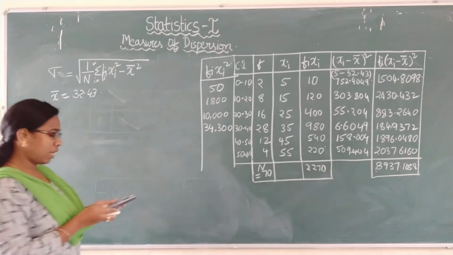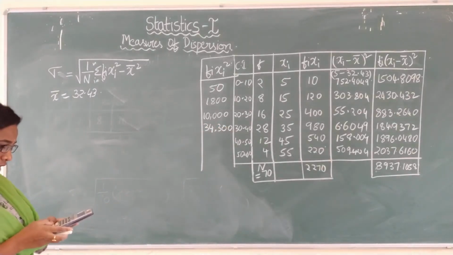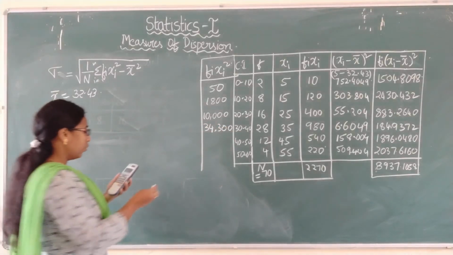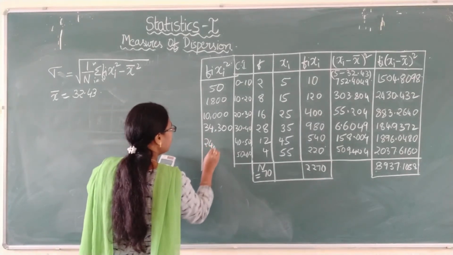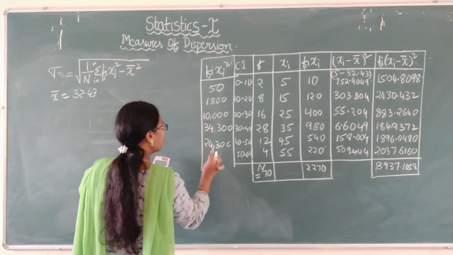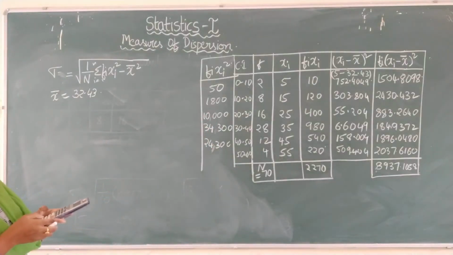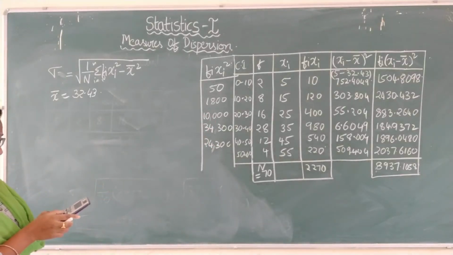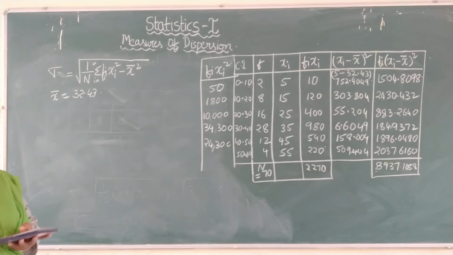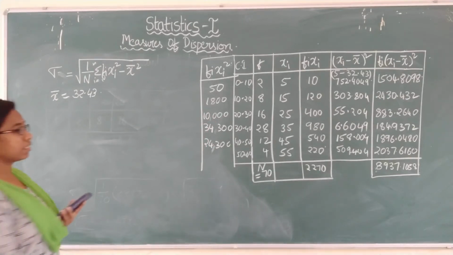Next is 12 into 45 square is 24,300. Next is 4 into 55 square is 12,100.